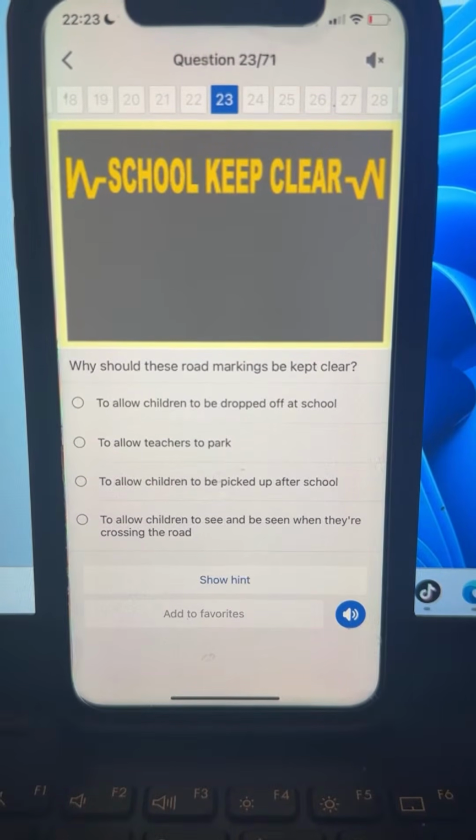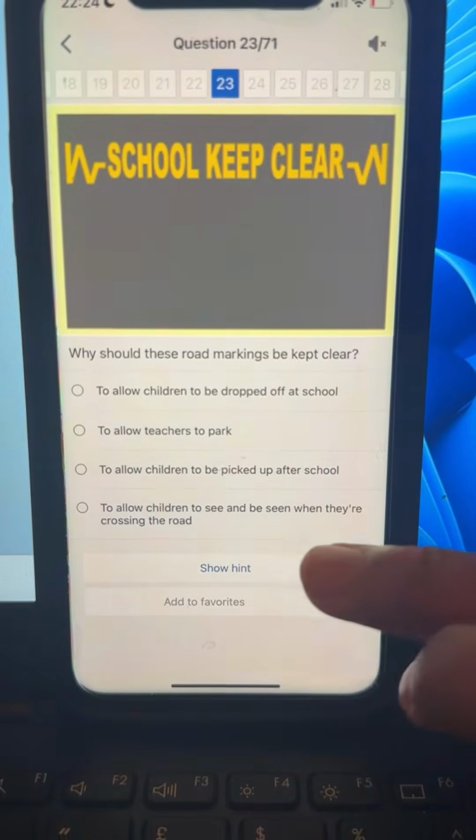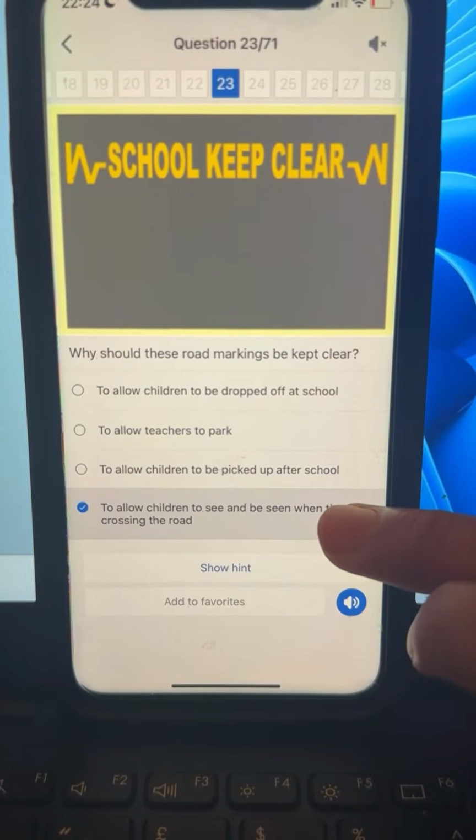Does it make sense? Good. A lot of good answers coming in: to allow children to see and be seen while they are crossing.